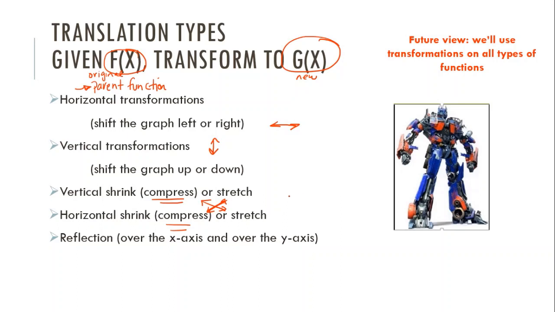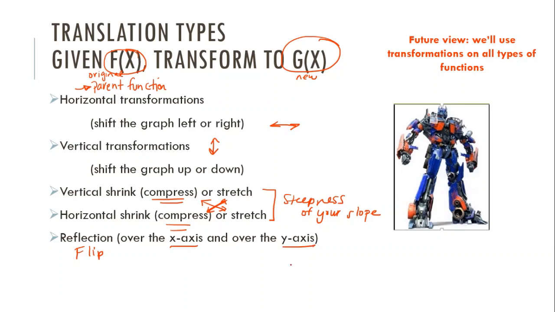And in terms of a linear function, what these are going to look like is really the steepness of your slope. And then lastly is the reflection, or another word for reflection is flipping over the x-axis and the y-axis.